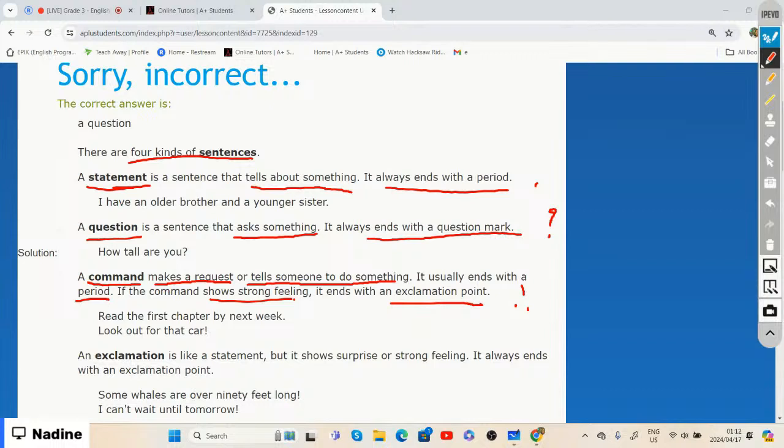Anything that somebody asks you to do or tells you to do is a command. Like I say, it's not like they are demanding you to do something. It is basically just somebody telling you to do something subtly.